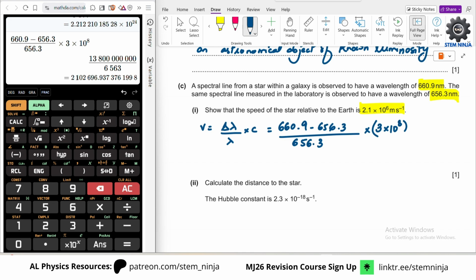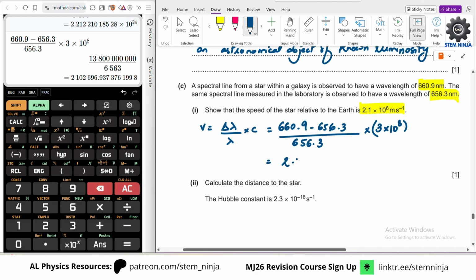So you get 2.1 × 10^6 meters per second. Exactly what we needed to show.